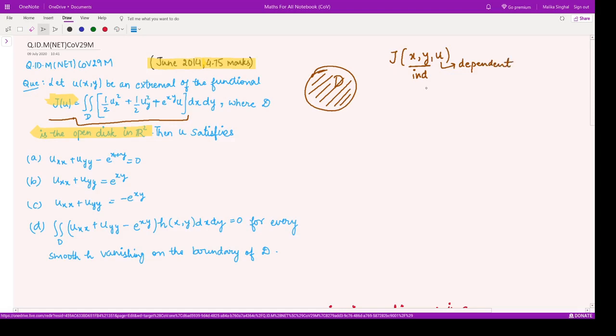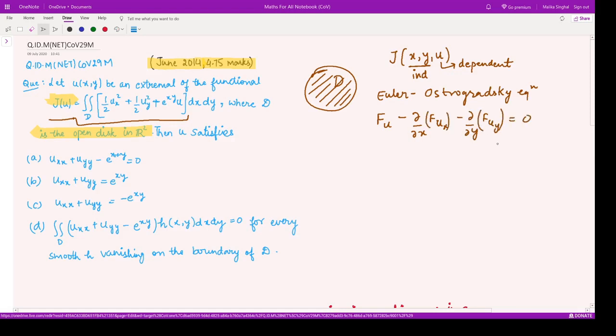So the variation equal to 0 gives the extremal. Here it provides us with the Euler-Ostrogradsky equation, which is the partial derivative of f with respect to the dependent variable, which is u in this case, minus the partial derivative of f with respect to ux with respect to x, minus the partial derivative with respect to y of f with respect to uy, is equivalent to 0.